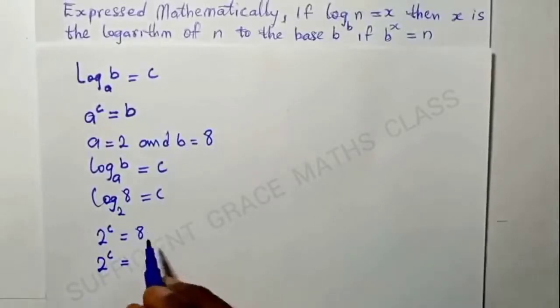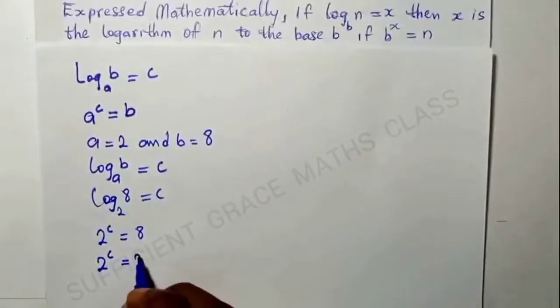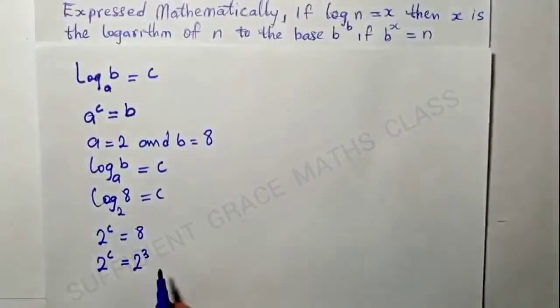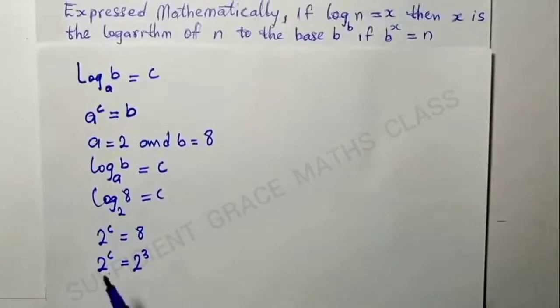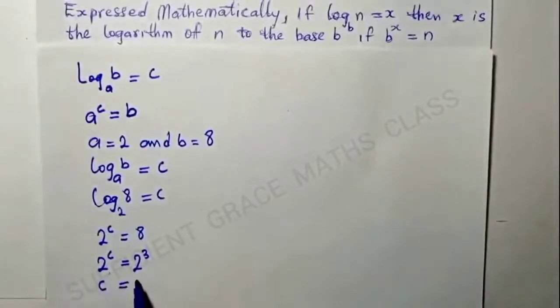This 8 is the same thing as 2 raised to power 3. That is, 2 multiplied by itself 3 times will give us 8. Now, we can equate their powers because we have base 2 on the left and right hand side. Then we have c equal to 3.